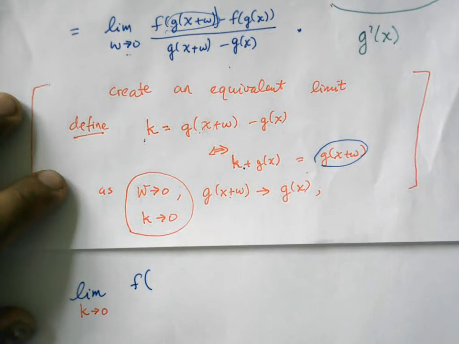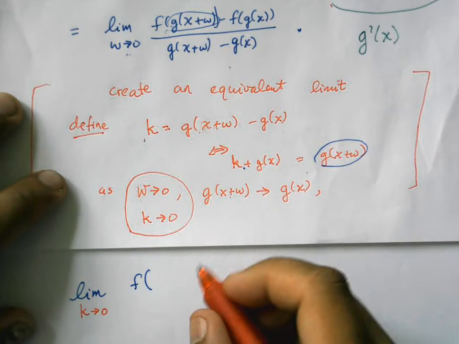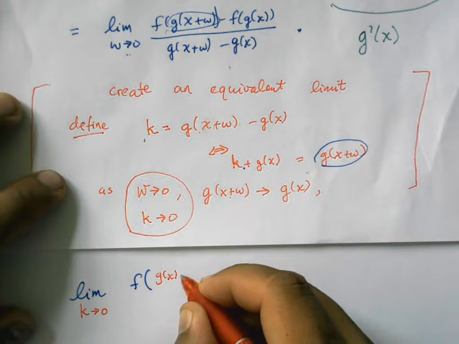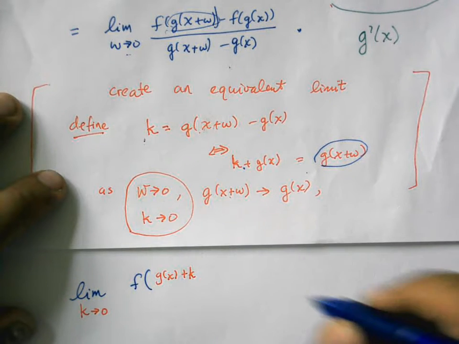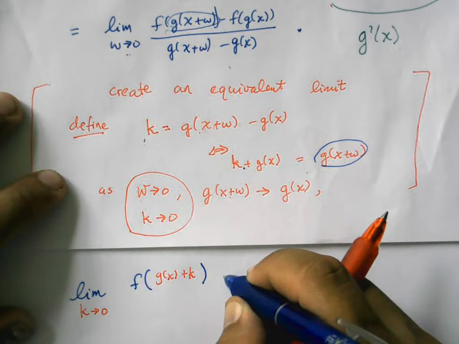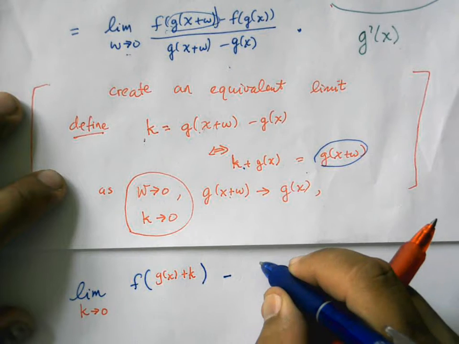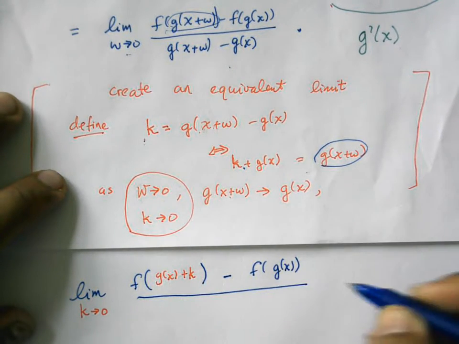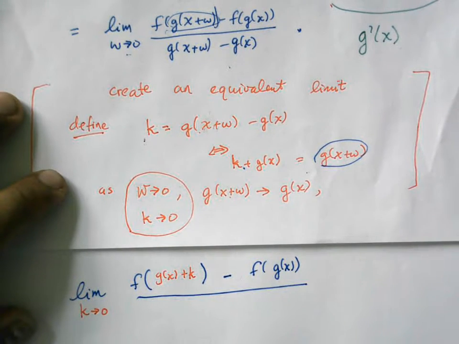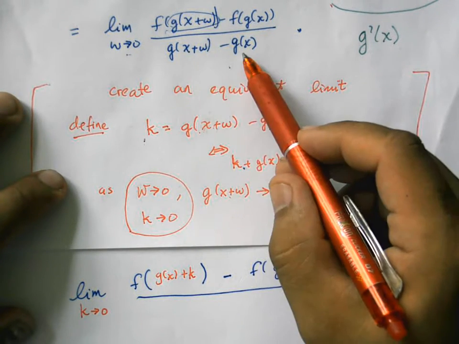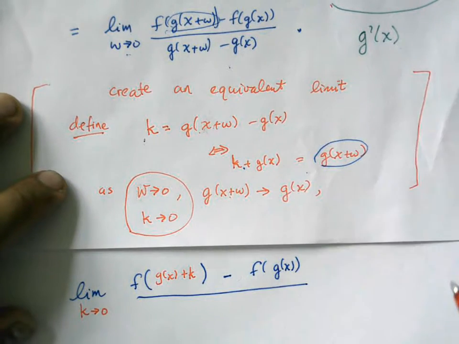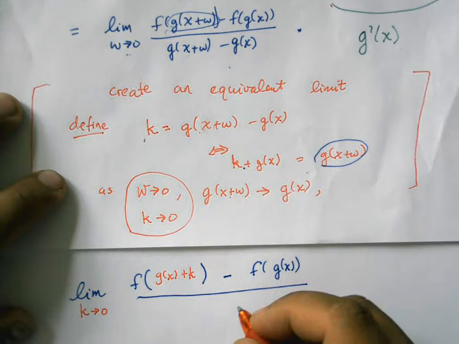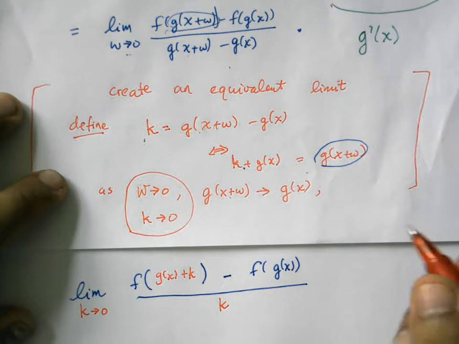So this is f of g of x plus k minus f of g of x, so I'm going to leave that alone. All of it divided by this term, g of x plus w minus g of x. But this right here is the exact same thing as this, which is really equal to k.